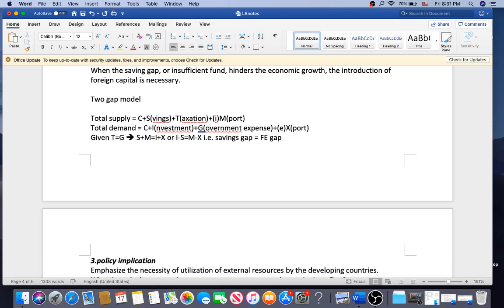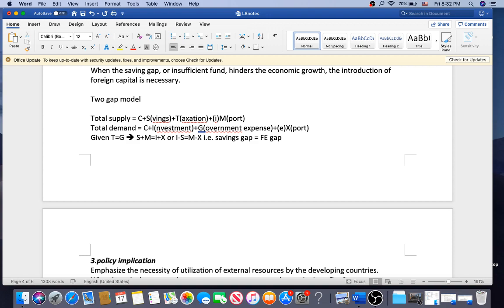When the taxation is equal to the government expenditure, we assume this government has a balanced budget. That means the total tax collected just equals the government's expenditure. So in this way, that formula can be equalized.